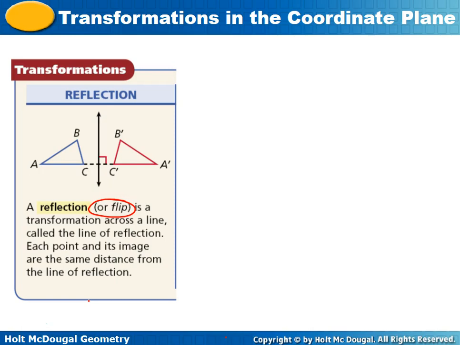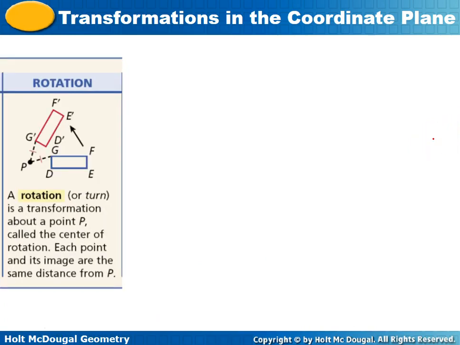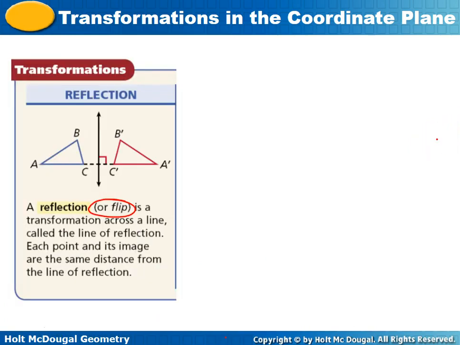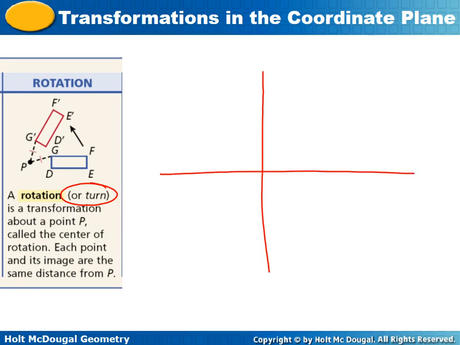Our next one we want to talk about is a rotation. So let's talk about a rotation now. A rotation, or turn. When we talk about a rotation, we're again going to talk about a transformation about a point called the center of rotation. Now I'm going to do one that's going to rotate from the origin, which is at 0, 0.